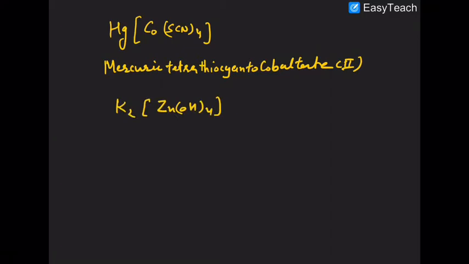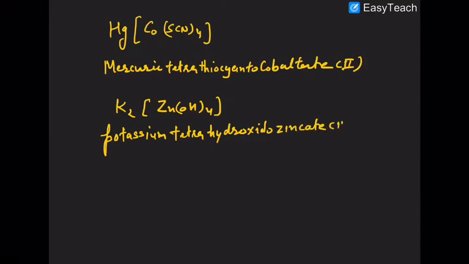The name of this compound is potassium tetrahydroxidozincate(II). Is it understood?